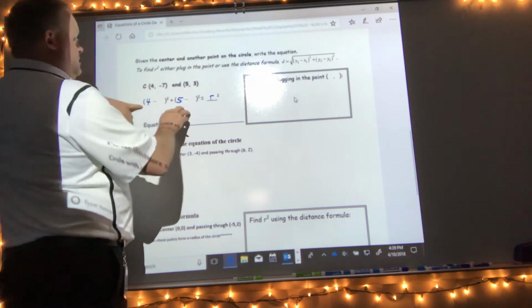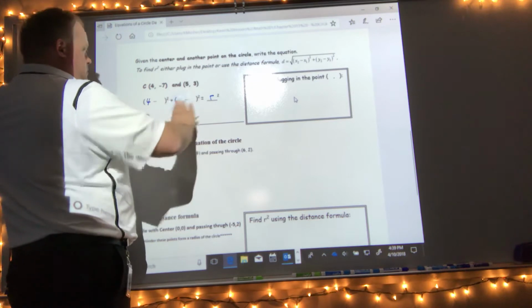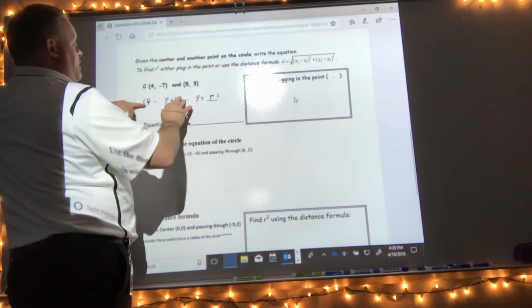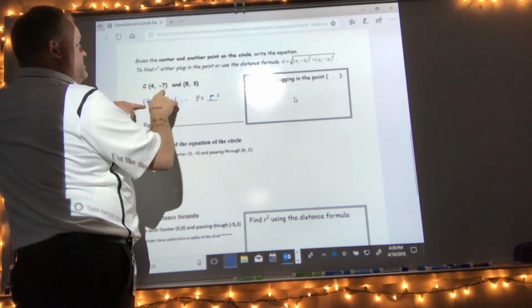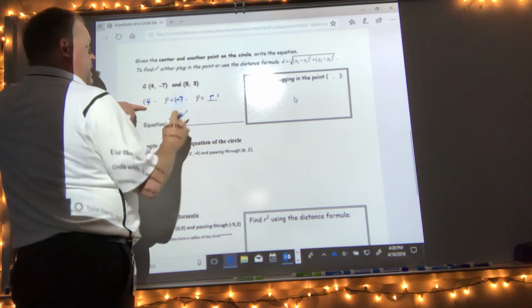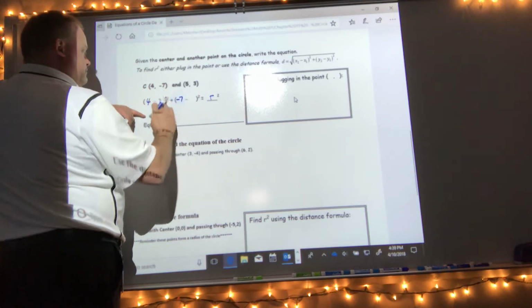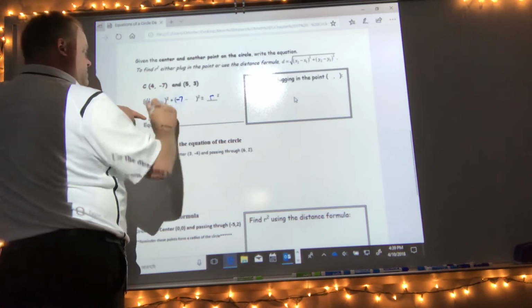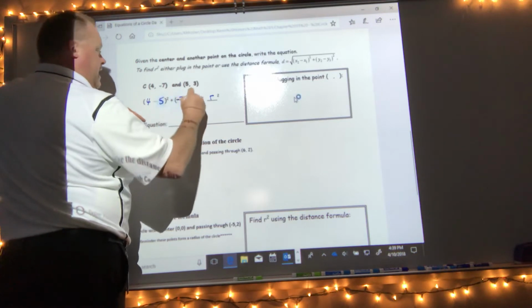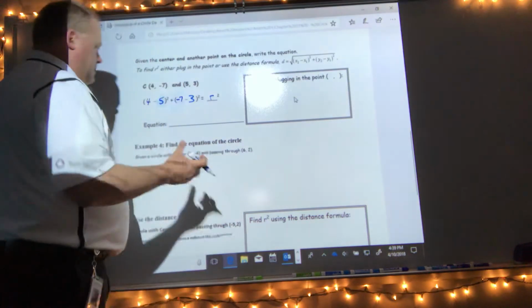Sorry about those. I'm plugging in the 4 and the -7 in the x and y places. Now I'm plugging in the 5 and 3. And I cannot keep messing up. 5 and 3. Hopefully I can get this straight here in a second.